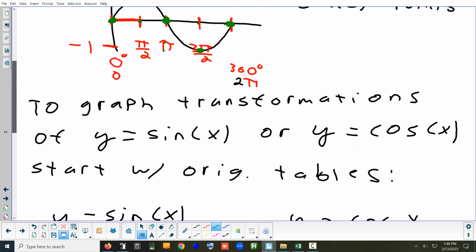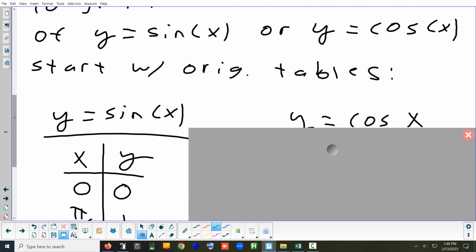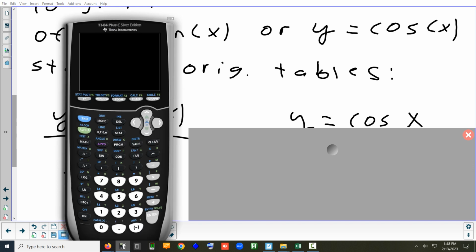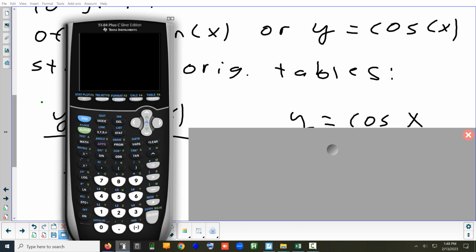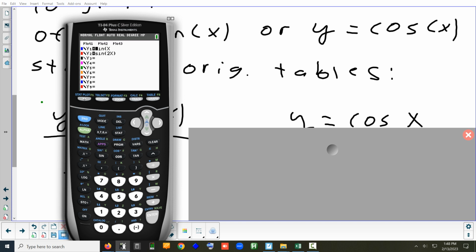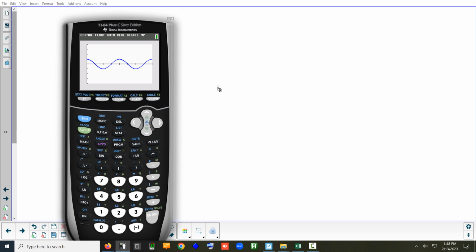All right, I'm not going to do it by hand, but let's look at cosine and see if we can figure out the 5 points for that one. Now, we know the y's are still going to be between -1 and 1. The sine and cosine look pretty similar, but it's not going to start at 0. That will not be the first one. So let's put cosine in there. Right, and we're looking at more than one cycle.